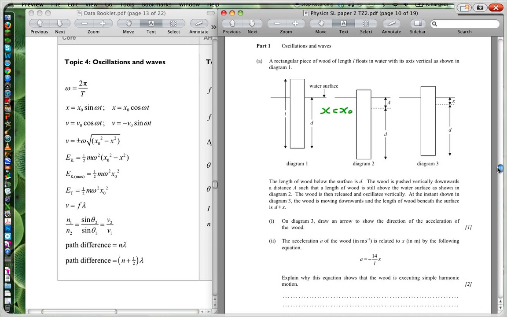When we do that, we use these formulas over here, where your x is at a maximum, and that's why we start with cos, because we know our cos graph starts there and goes like that. So your x is going to be a cos graph, with x0 at your starting point, and in that case that would be A that you'd be starting off with.